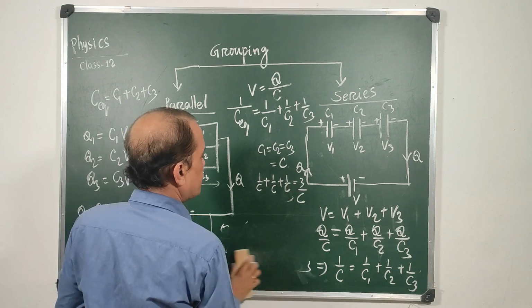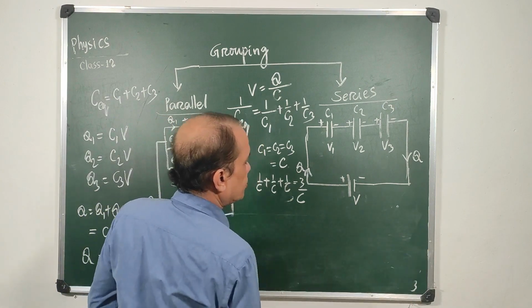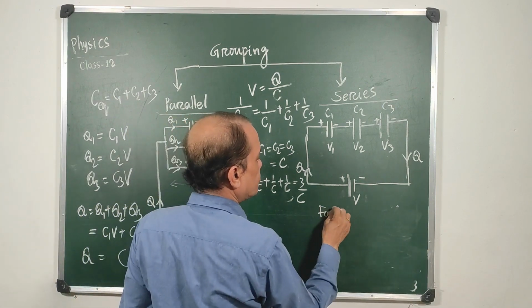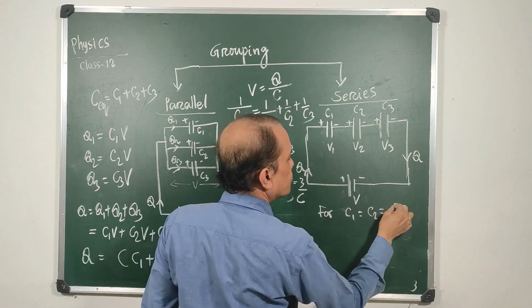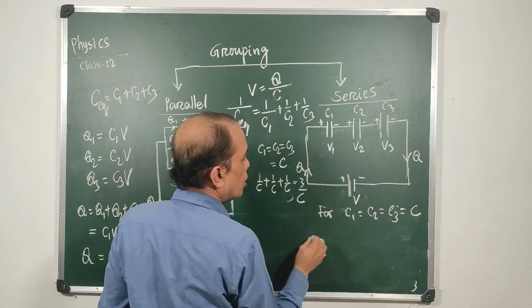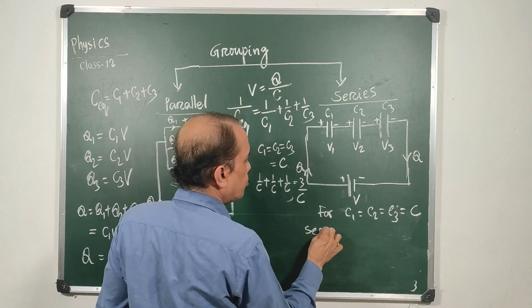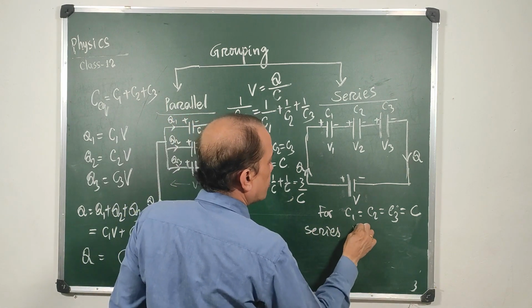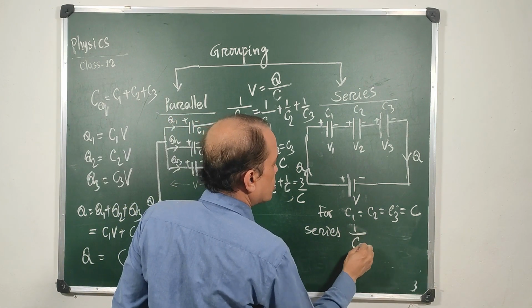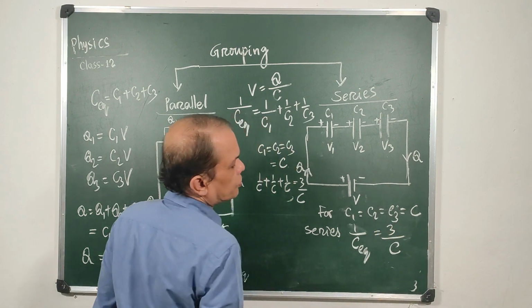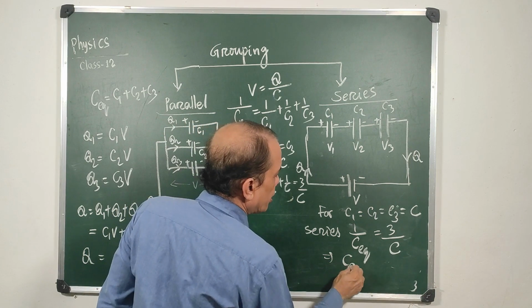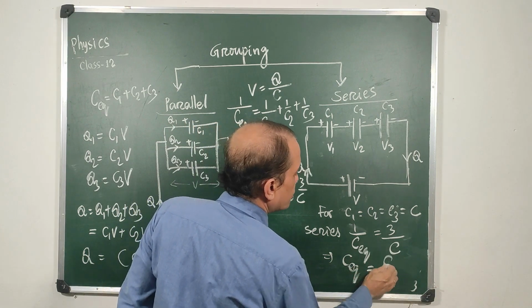So in this case for 3 equal capacitors in series combination, we have 1 by Ceq is equal to 3 by C. So Ceq will be C by 3.